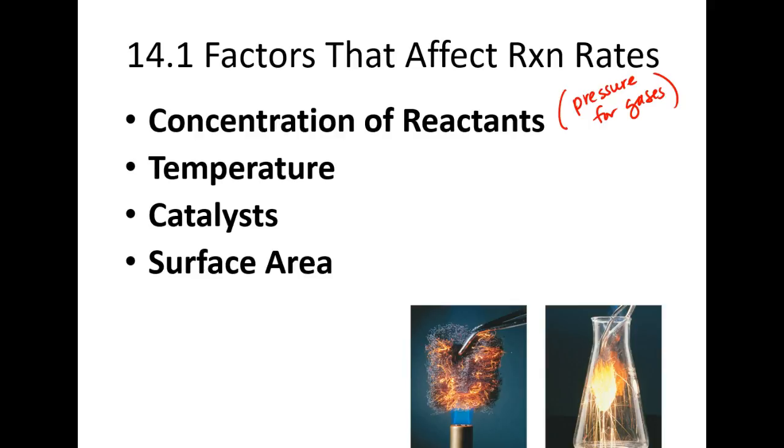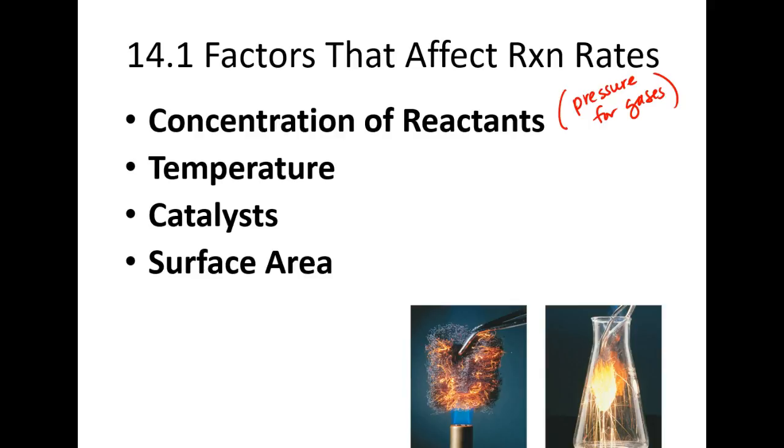3 out of the 4 of these factors really come down to something called collision theory. And that's the idea that in order to react, particles have to collide and collide with enough energy to break those bonds. So certainly increasing our concentration means that we will have more particles present to collide in the first place. Temperature can play a role because as the temperature goes up, the particles have more kinetic energy and therefore would be more likely to collide.